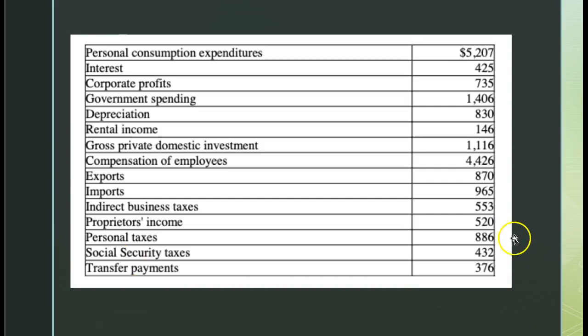So how would you come up with that if those numbers represented billions? Now, the next thing we would do is understand the expenditures as well. So study the expenditures.